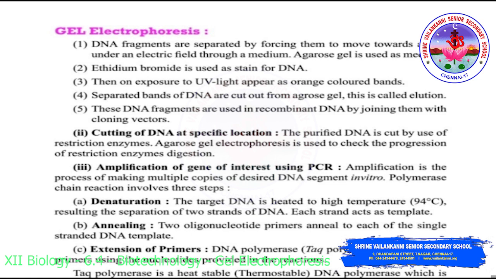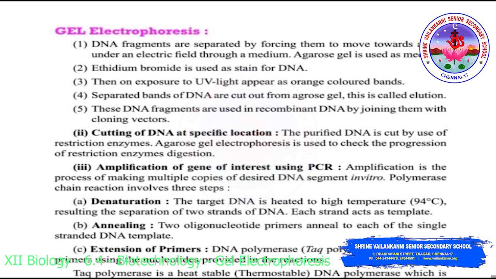Separated bands of DNA are cut off from the agarose gel. This is called elution. These DNA fragments are used in recombinant DNA by joining them with cloning vectors.